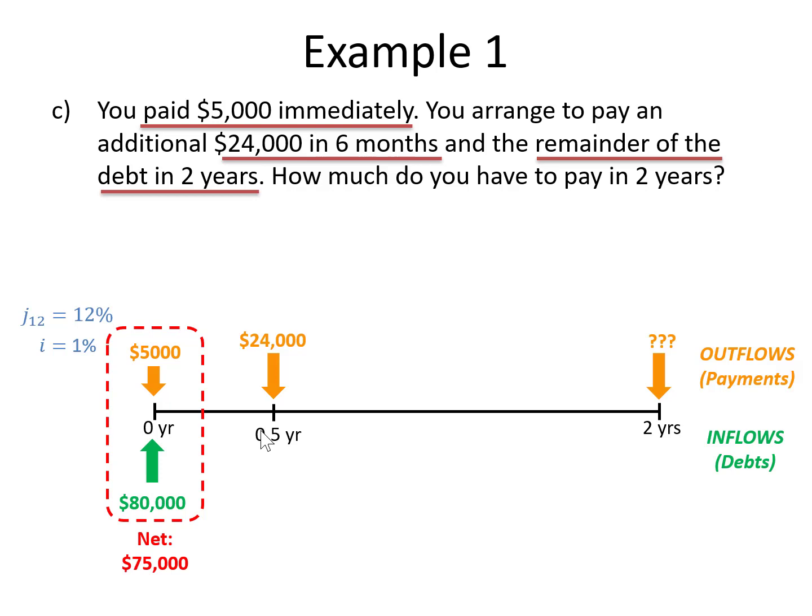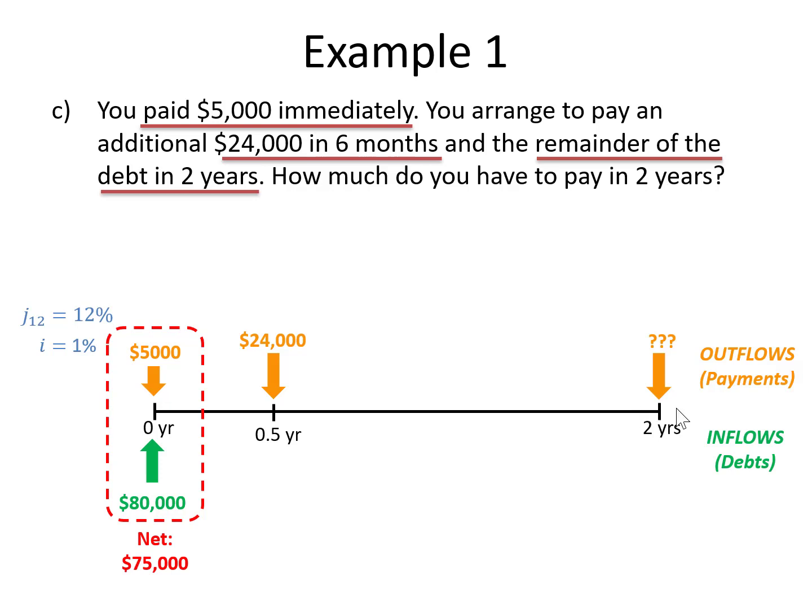Then I select what we refer to as a focal date, a date where we're going to move all of the money to. Basically, we're going to get the equivalent version of each one of these amounts of money on one date so that we can start to look at balancing on that date.